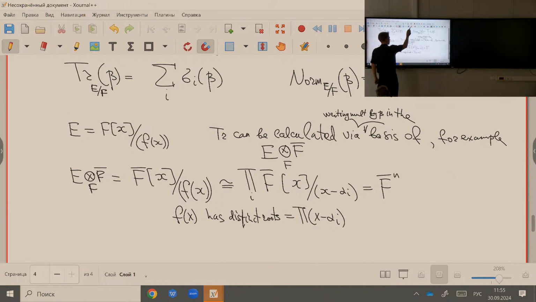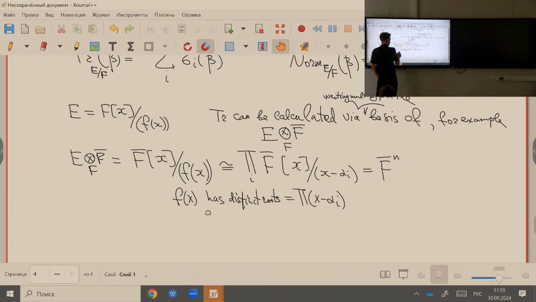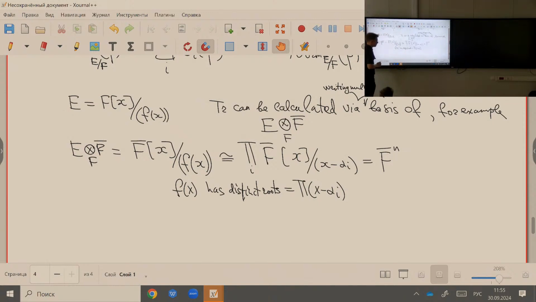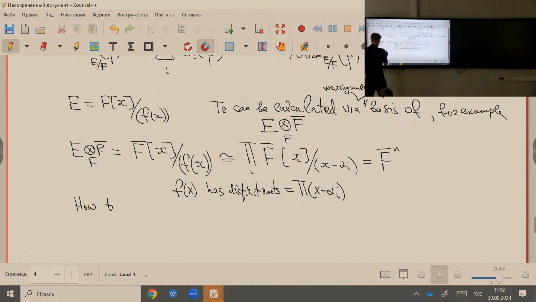But it is reasonable to write like this, because we can ask how to write multiplication by alpha in this basis.